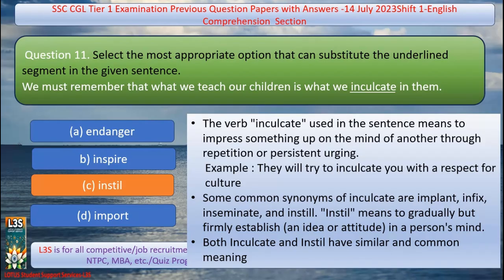They will try to inculcate you with a respect for culture. Some common synonyms are implant, infix, inseminate, instill. Instill means to gradually but firmly establish an idea or attitude in a person's mind. Both inculcate and instill have a similar and common meaning. So option C, instill, will be the right option here.